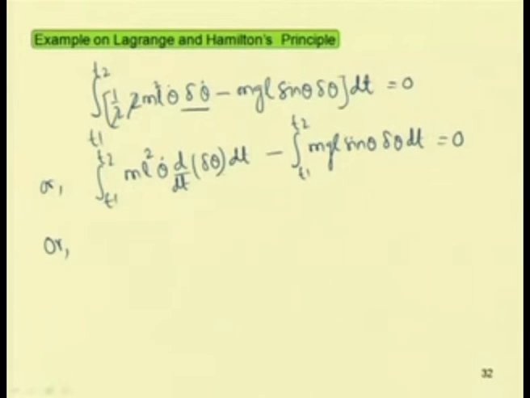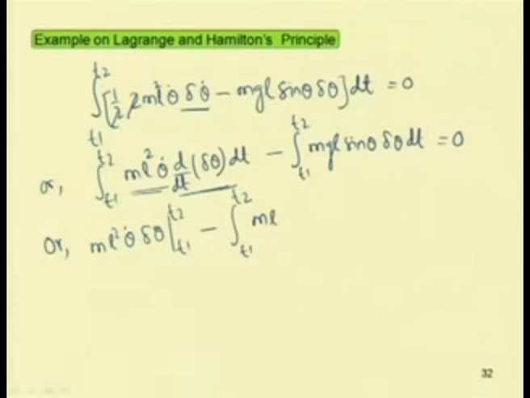So, one can integrate this by parts, taking this as the first function and this as the second function. The first function remains as it is, times the integration of the second one, which gives delta theta from T1 to T2, then minus integration T1 to T2 of the differentiation of the first function.